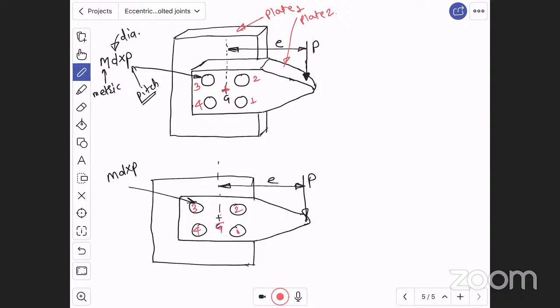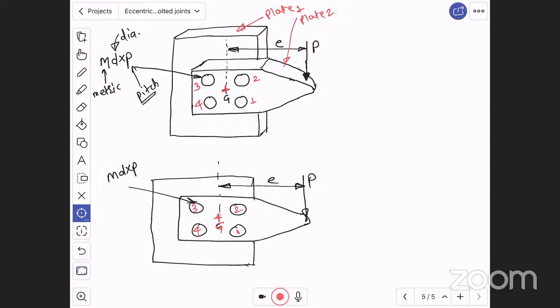For these 4 bolts, the center of gravity is G and the eccentricity is E, right? Now can you imagine, due to the application of force P, plate 2 is trying to rotate with respect to plate 1.